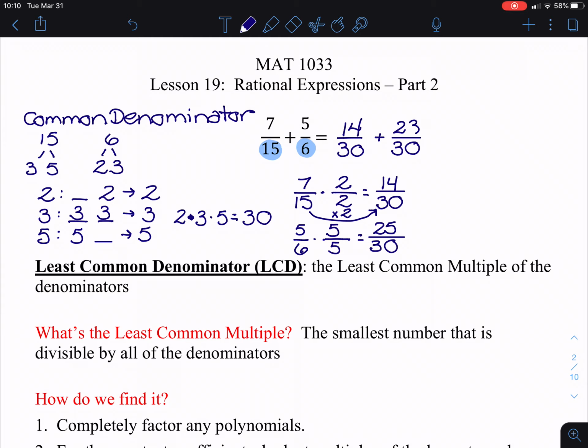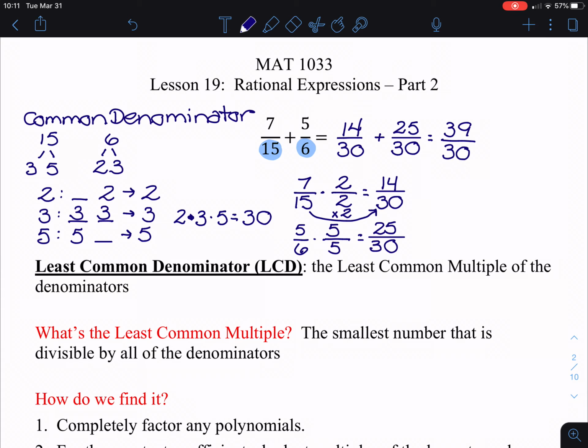To do this addition, instead of adding 7/15 plus 5/6, I'm going to add 14/30 plus, not 23/30, 25/30. I'm sorry about that. That gives me 14 plus 25 is 39, and my denominator for addition and subtraction stays the same, 30.